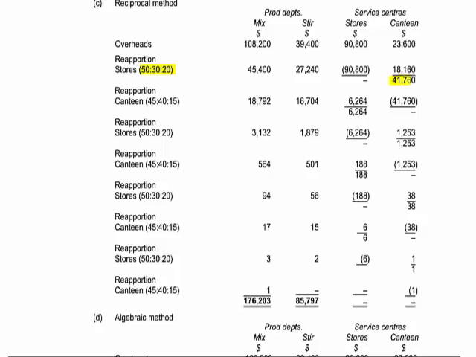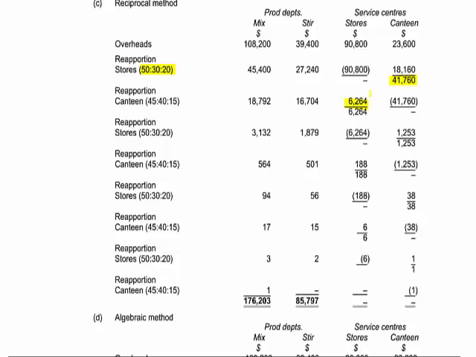So what that effectively does is increase the value of overheads in the canteen. So we might have nothing in stores now, but we've got even more in the canteen which needs to be shared out. So we're going to share that out, 45% to the mixing, 40% to the stirring, but we're also going to put 15% into stores.